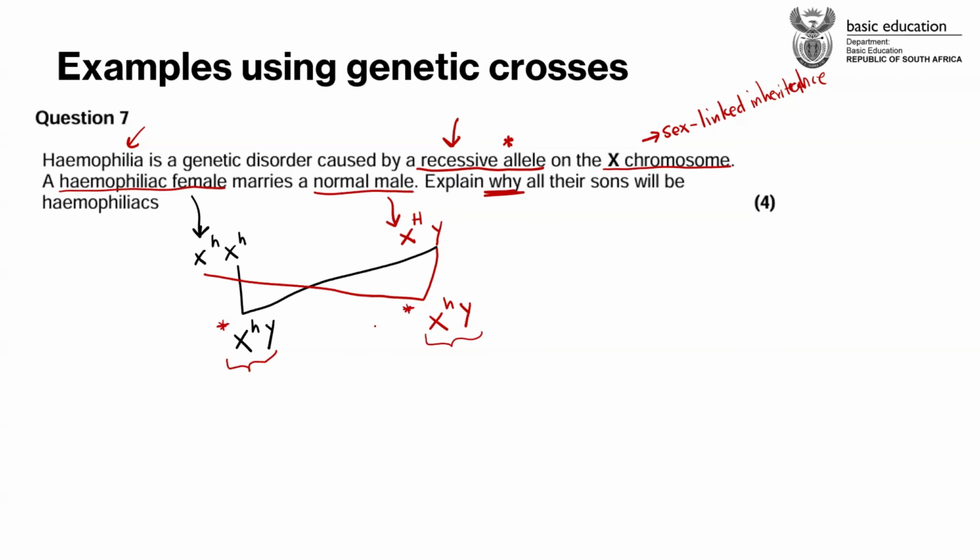I don't know how I can say it, but according to my understanding, the reason why they are hemophiliac is that their mother is affected. If their mother is affected, all the offspring will be affected. But why though?